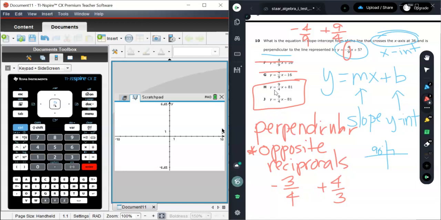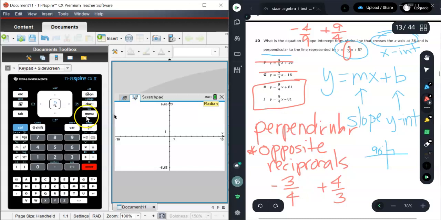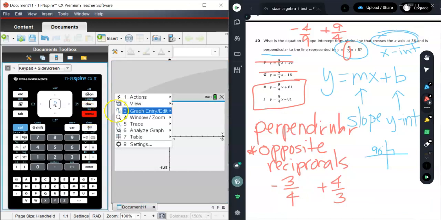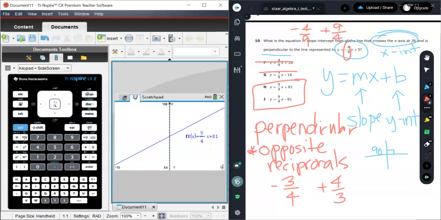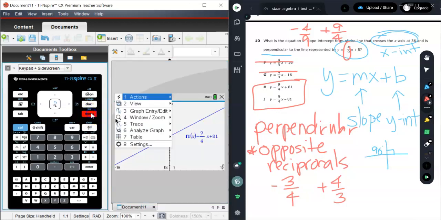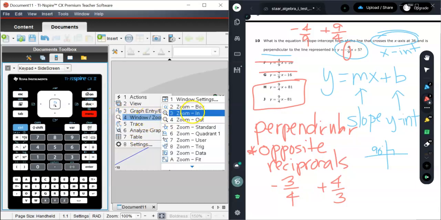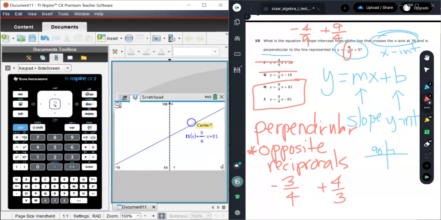Whoops, we can't see it. What you're going to do when something like this happens is go to your menu and go to Window or Zoom. The best thing to do is choose Zoom Fit. Now I can see my line. But the way they've presented it in the window, I still can't see the x-axis. So I'm just going to have to do manual zooming. I'm going to go to Window and choose Zoom Out.